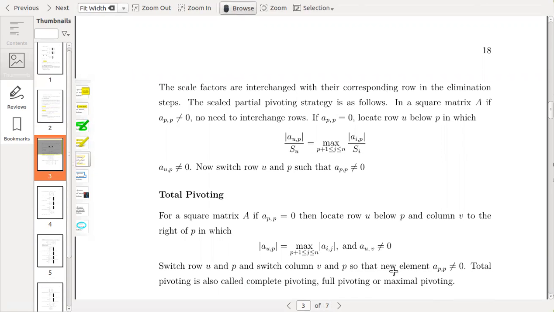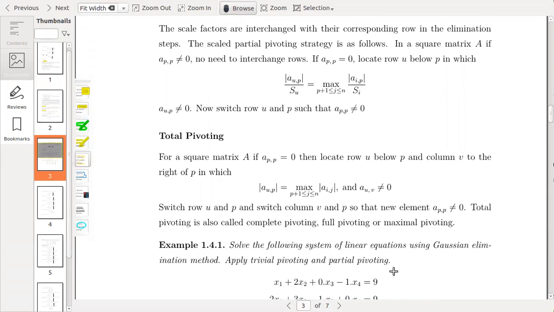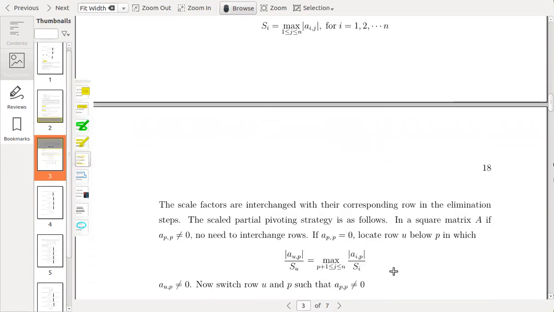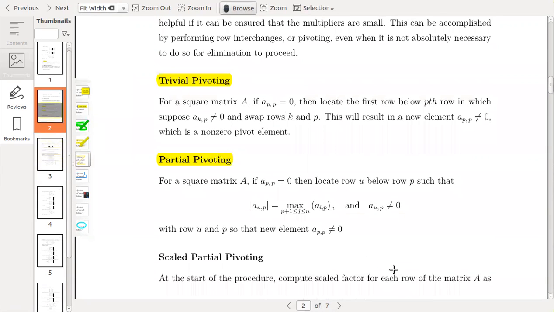And in total pivoting, we can interchange rows as well as columns. So that is the simple difference between these four methods. Again, I can repeat, in trivial pivoting, we just have to interchange the first row with any other row if the first diagonal entry is 0.